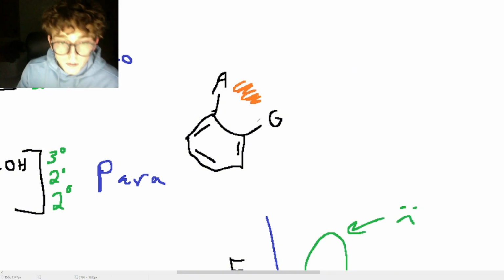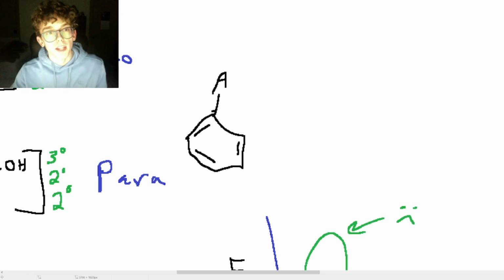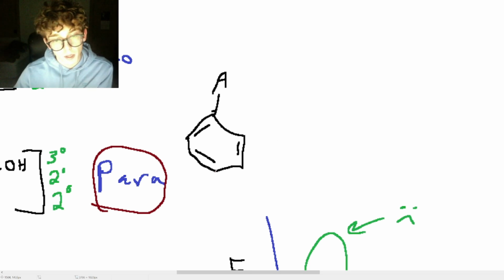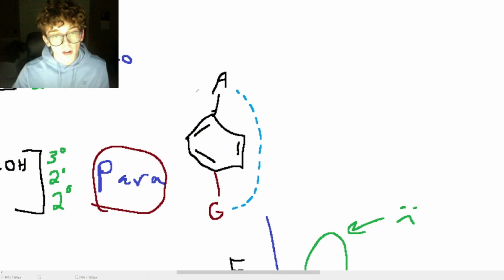Because of that reason alone, there are other factors, but that's the easiest one to see, that's the reason para gets 2 times more, even though it might be a little backwards. If I put a group here, unless this molecule is throwing spitballs over to this activating group, I don't think there's any steric interaction that's going to hinder this molecule's energy of formation.